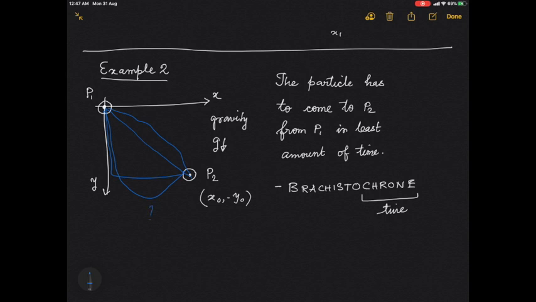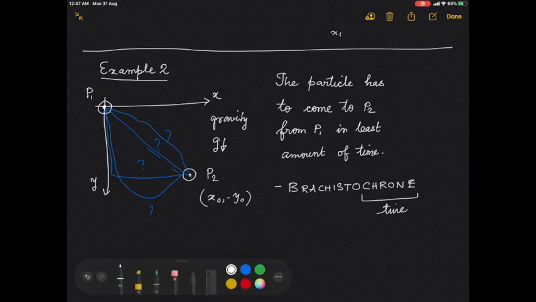So which one? That is the question. And if you start thinking about it, you will again have the same dilemma, because you may think that it follows a straight line, but then you will realize that it is not using up the gravitational force. So it may be that it is easy to come here by using the gravitational force and then go this way. So there can be many such possibilities which you can think of.